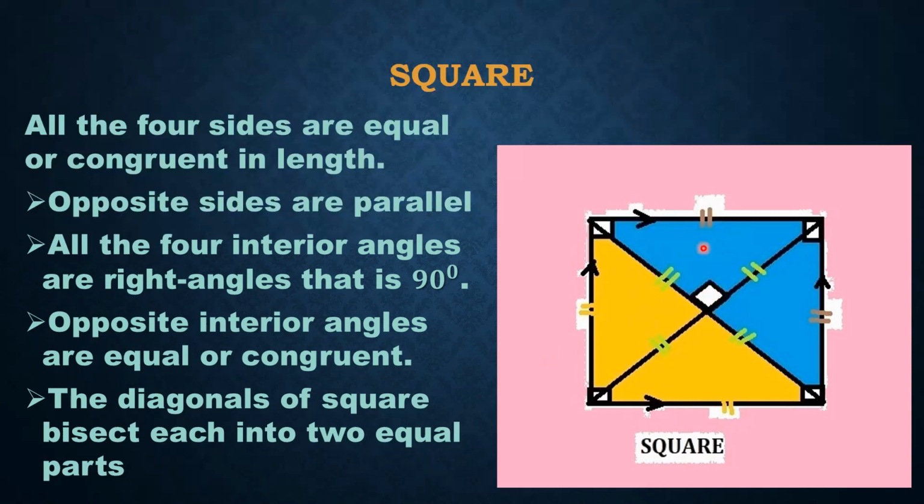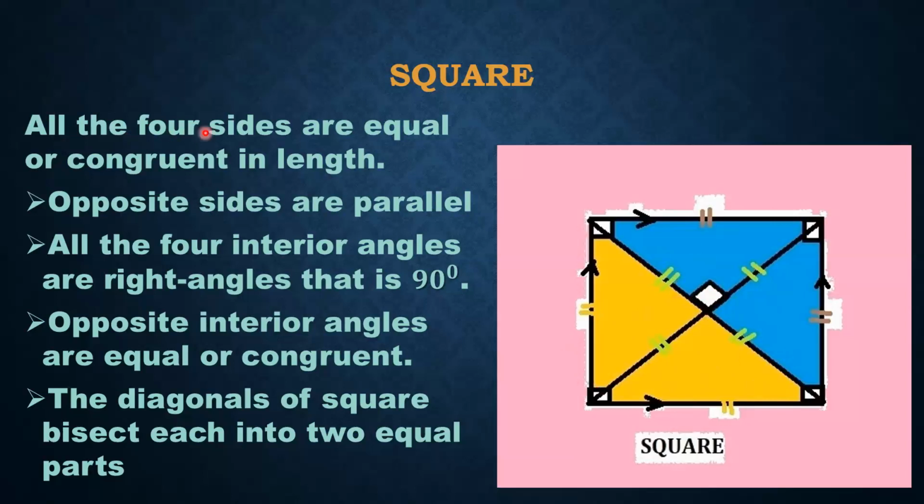This angle and this angle are also the same. This side and this side are also the same, and the opposite sides are also the same. So the diagonal bisects the square into two equal parts.